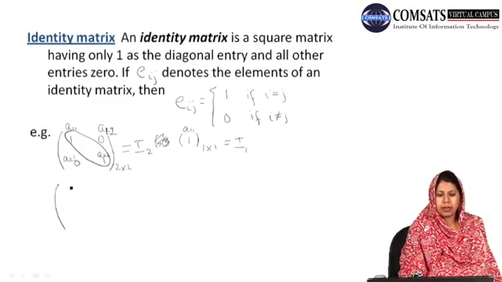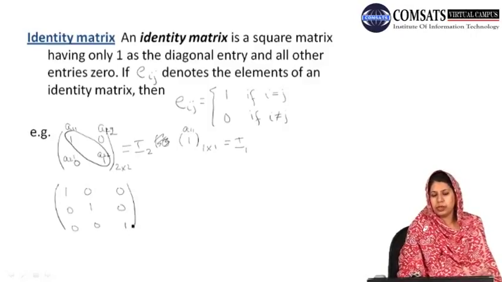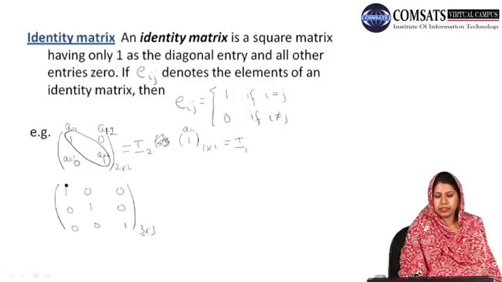Okay, if we have another matrix with entries 1 0 0, 0 1 0, 0 0 1, then this is a square matrix of order 3 by 3, and the diagonal entries, that is A11 is 1 here, A22 is 1 here, and A33 is also 1 here.